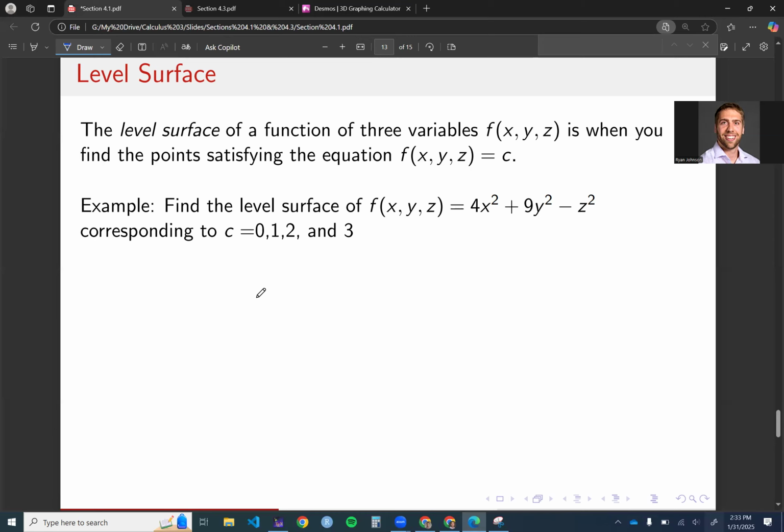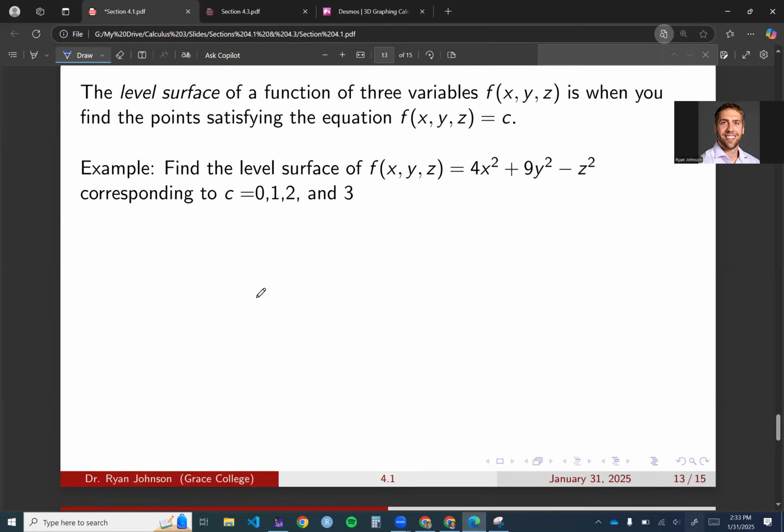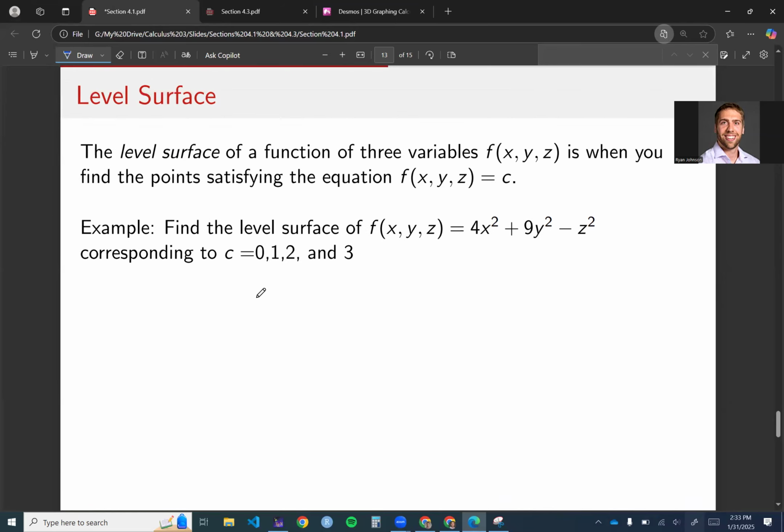So for the zero, we're talking when f of x, y, z equals 0, which is when 4x squared plus 9y squared minus z squared equals 0. What sort of thing is that? That is one of the things we learned about when we were talking about two-dimensional surfaces in three-dimensional space.